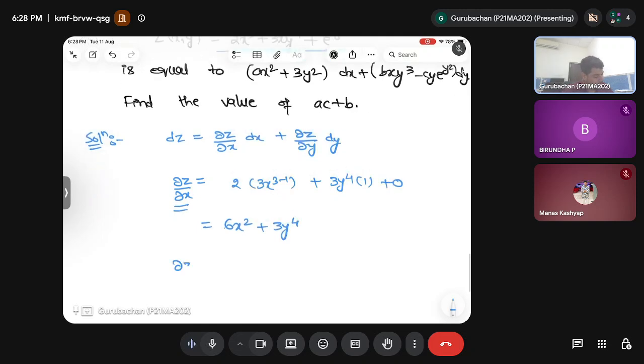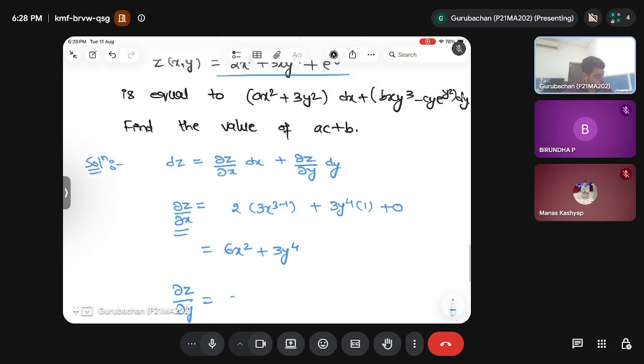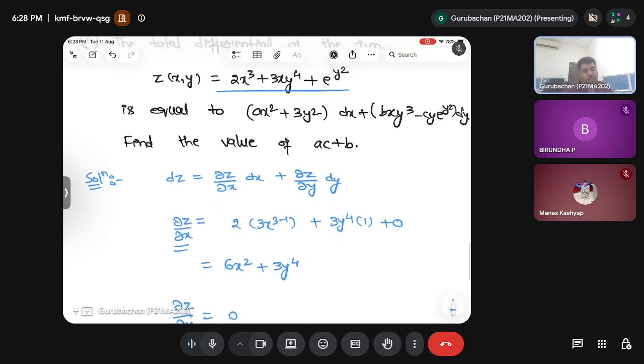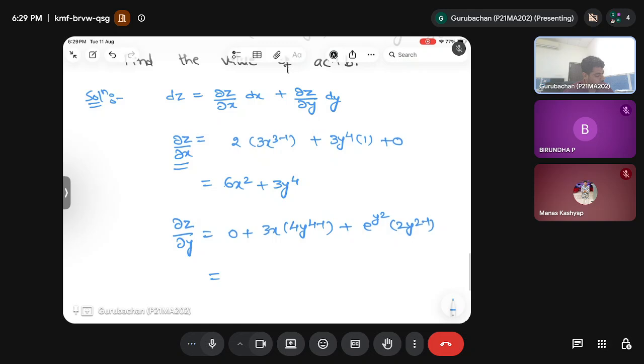In the same way, when you differentiate with respect to y, obviously the first term is simply a variable in x, so it will be 0, and the second one is 3x into 4 times y to the power 4 minus 1, plus e to the power y square, and by the chain rule it will be 2y. So this will be 12xy cube plus 2y e to the power y square.